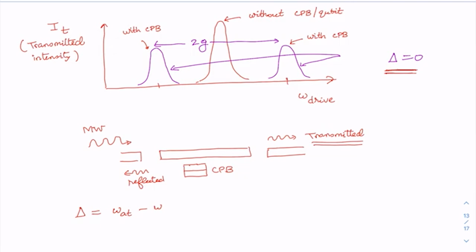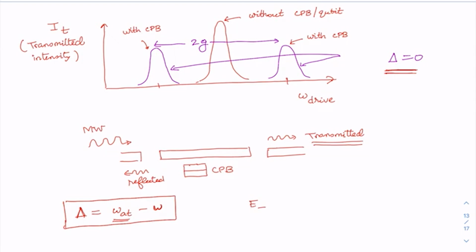Once we fabricate the system, this bare cavity frequency, small omega, gets fixed, and the only option we have, if we want to change this detuning parameter, is to change the atomic transition frequency. Because we are using a Cooper pair box or artificial atom, changing the atomic transition frequency is easy.